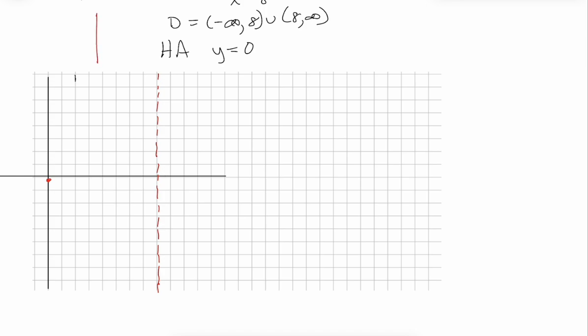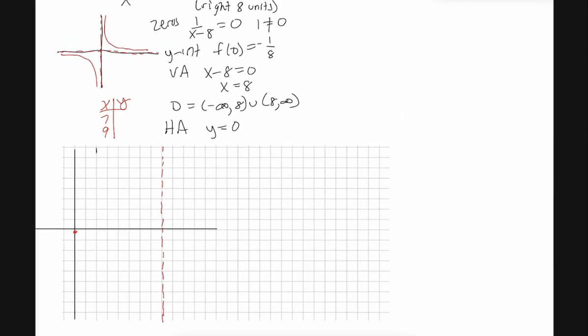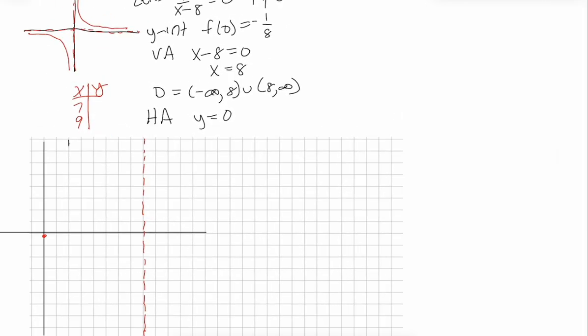I usually, when I'm graphing a rational function, if my vertical asymptote is 8, I will plug in 1 below it and 1 above it. So 7 and 9 are going to be nice values. If you plug in 7, you get 1 over -1, you get -1. If you plug in 9, you get 1 over 1 or 1.